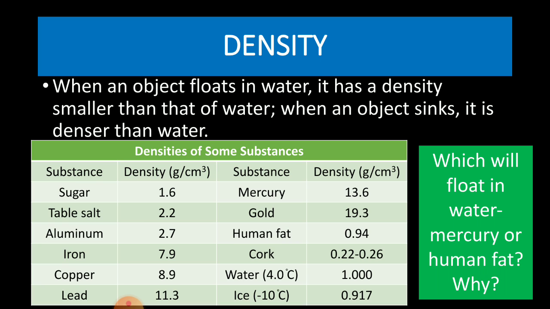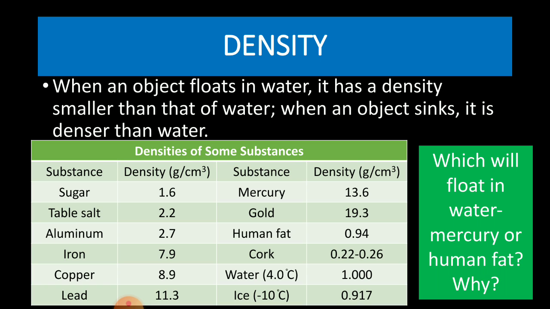Question: which will float in water, mercury or human fat? Why? So we have three substances which are water, mercury, and human fat. So which of them will float in water? Is it the mercury or the human fat?